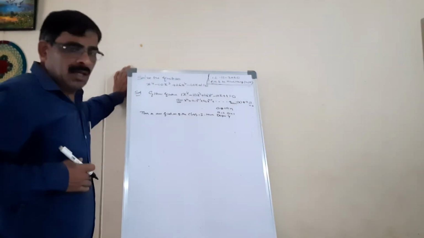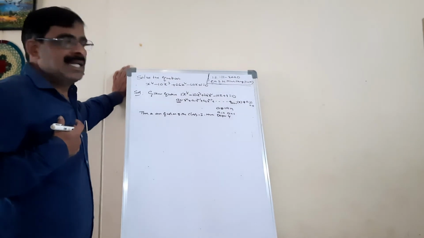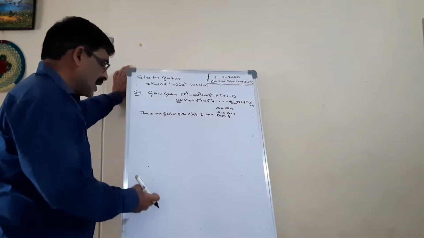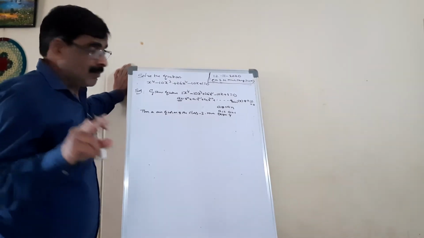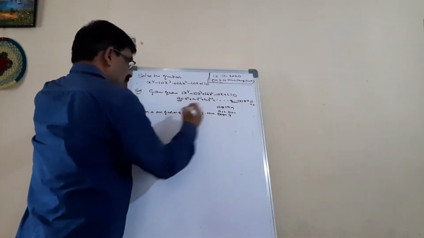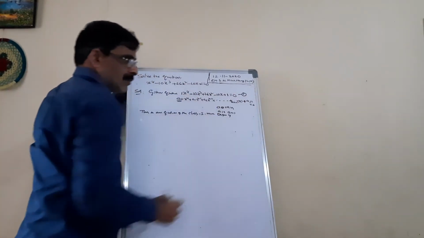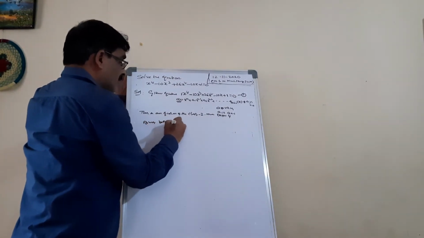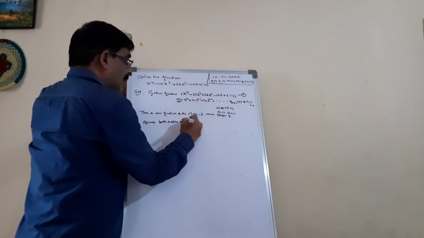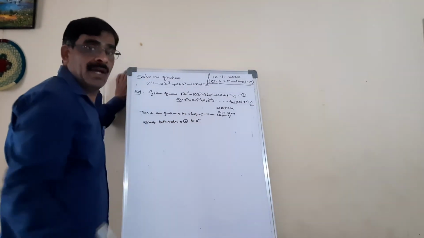Now we have to solve the equation. Call it equation 1. Divide both sides of 1 by x square.